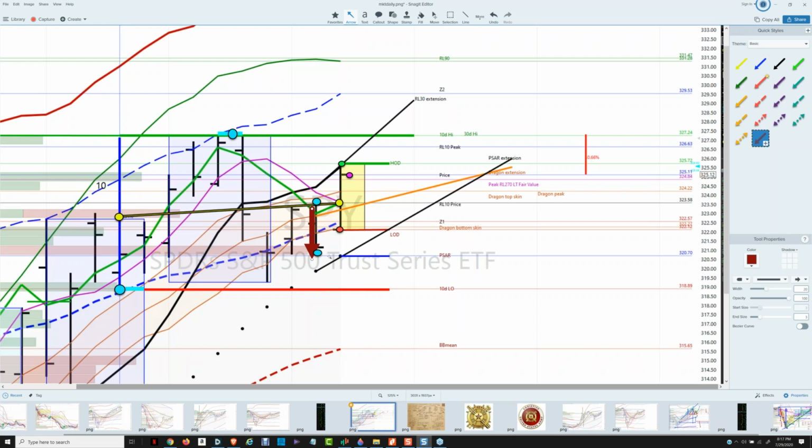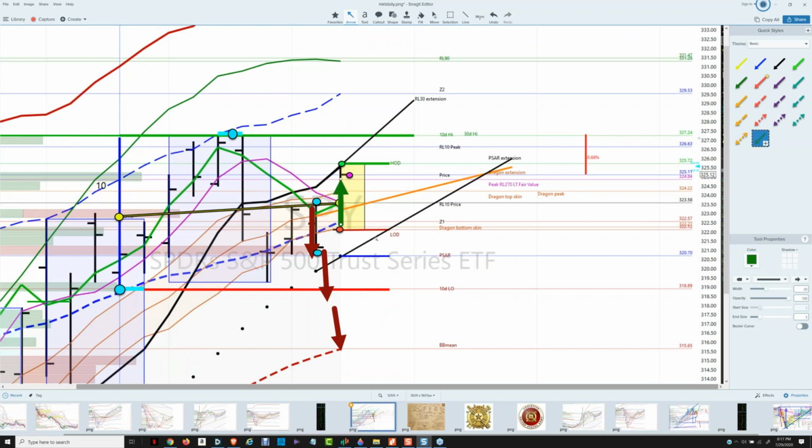We were templating the contingencies for what happens if that broke through the 10-day low, then that would lead to a retest of the Bollinger Band mean. Then after that one, we examined what would happen if we got an upward move? I thought that was less likely, but we templated that. And so that's essentially what we got today.